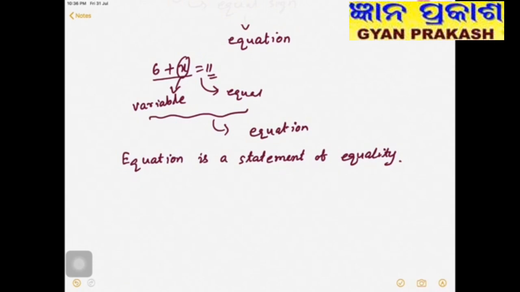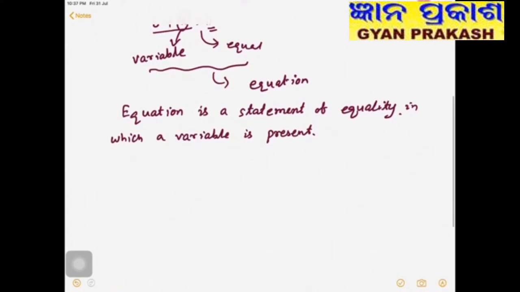An equation is a statement of equality in which a variable is present. Or in another way we can say that an equation is a condition on a variable.